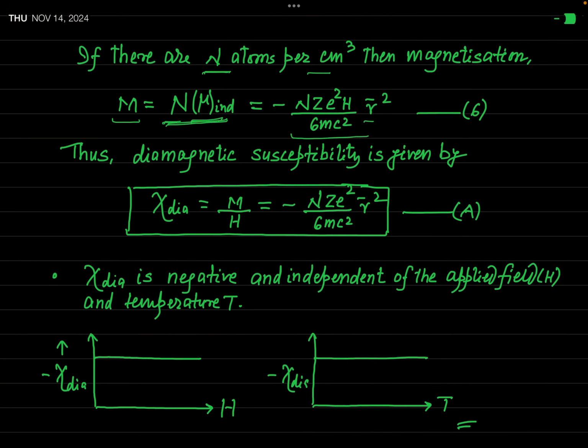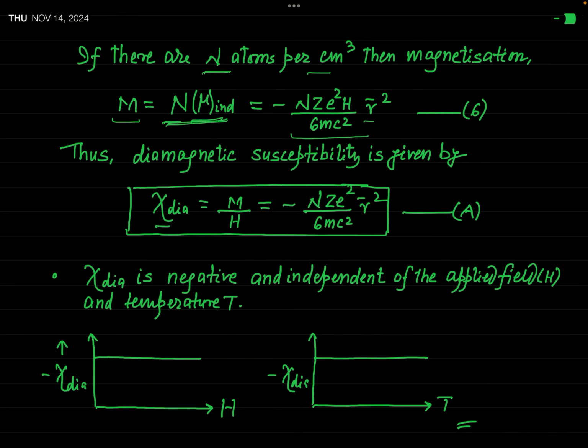Now from the definition of magnetic susceptibility, you can easily find what will be the diamagnetic susceptibility. You know, the susceptibility is defined simply by the ratio of M and H. Have you learned this in my first lecture or not? Definitely, I have discussed this fact in my first lecture on magnetism.